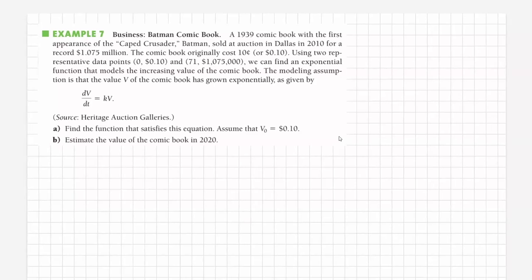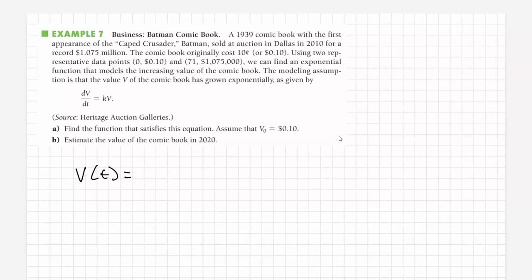So if we use this V of t equal to C e to the kt, some things that we do know. First and foremost, we're using this as our initial value. Anytime you deal with an exponential function, if we plug in 0 here, V of 0 would be C e to the k times 0.